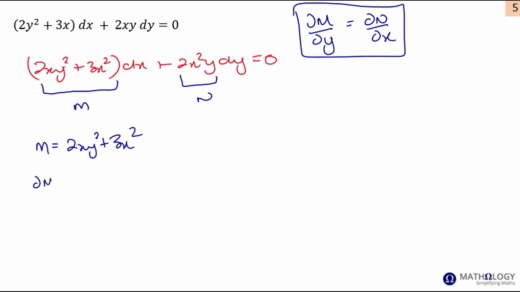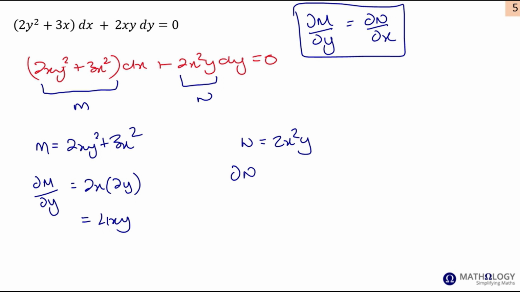So the partial derivative of M with respect to y will be 2x is a constant, so we'll just take that out front. The derivative of y squared is 2y. The derivative of 3x squared with respect to y is going to be 0. So the partial derivative of M with respect to y is 4xy. And then the partial derivative, write down N, which is 2x squared y.